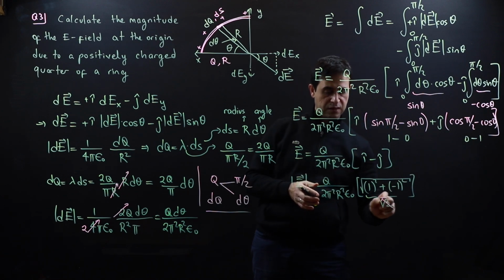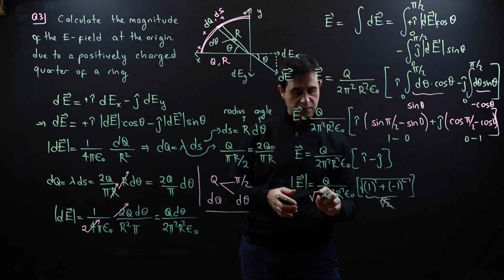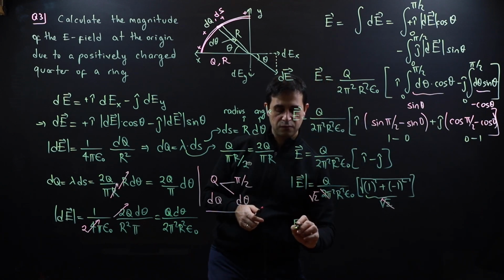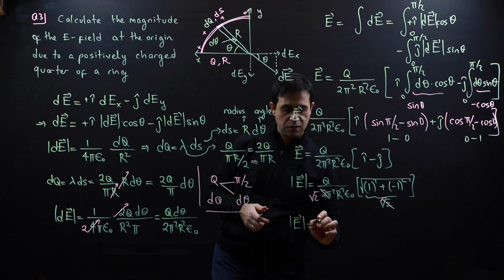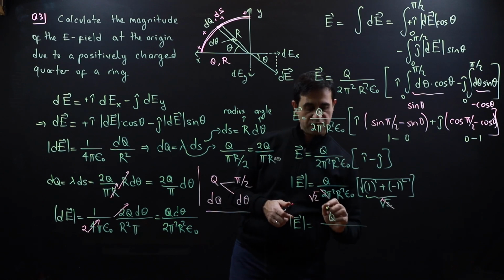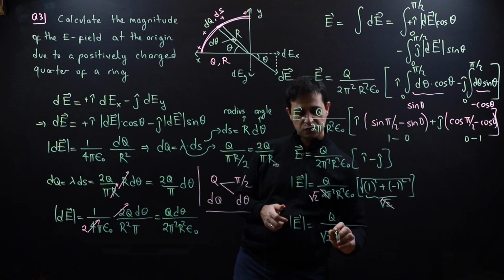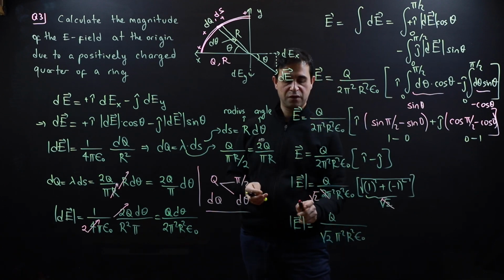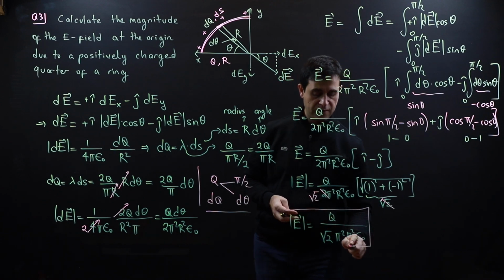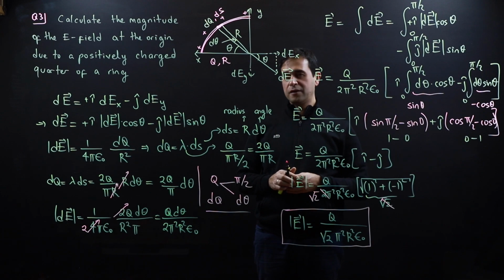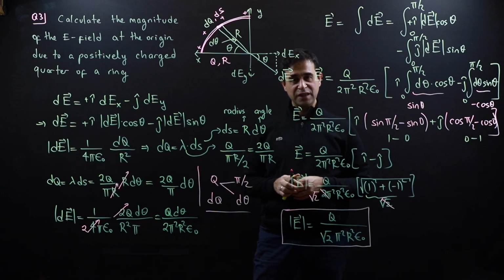And this thing cancels that, and it leaves square root of 2 here. Finally, our answer will be the following: q divided by square root of 2 pi squared r squared epsilon 0. Okay, and let's take it into a box. Okay, so I hope it was fun, and thank you for listening.